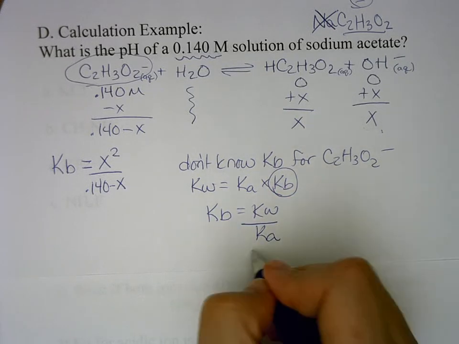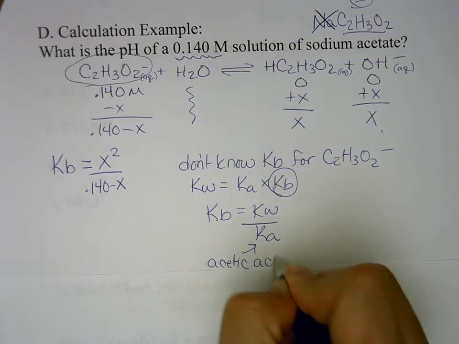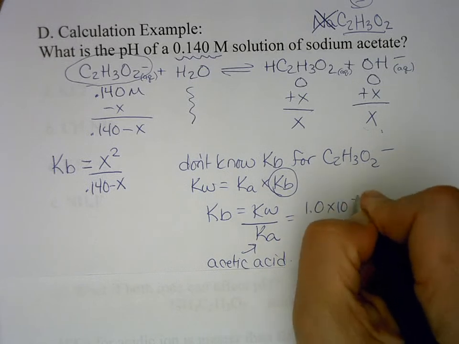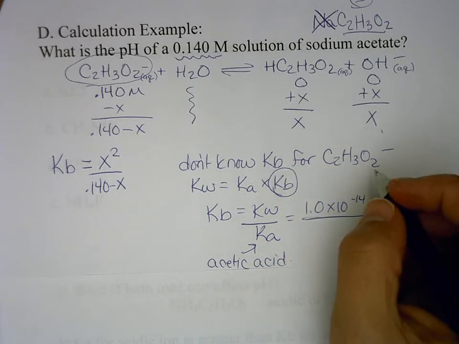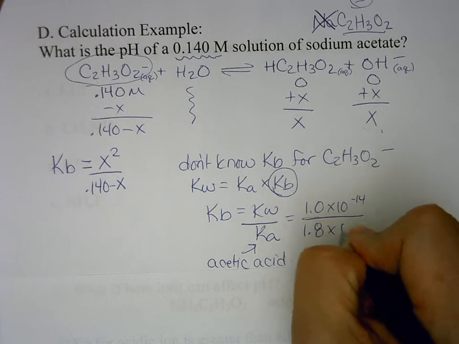And again, that Ka value is one that you can look up in your chart for acetic acid. So it's 1 times 10 to the negative 14 divided by the Ka value when you look it up for acetic acid, 1.8 times 10 to the negative 5.